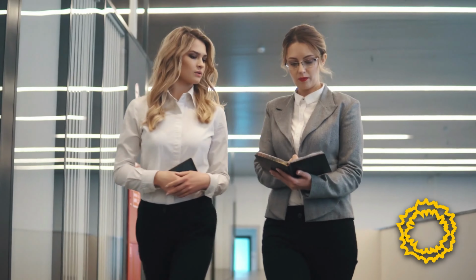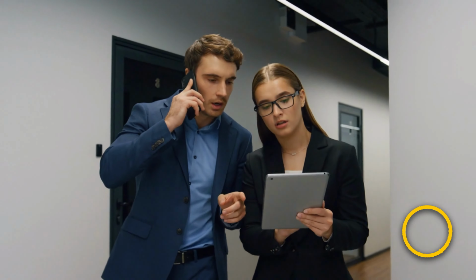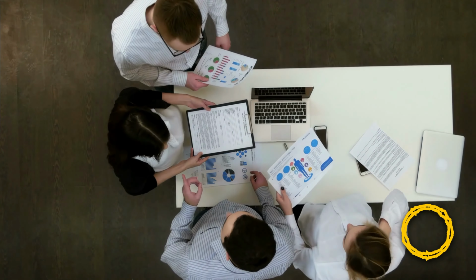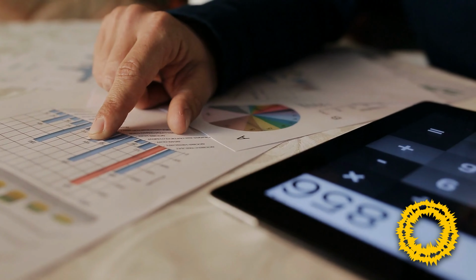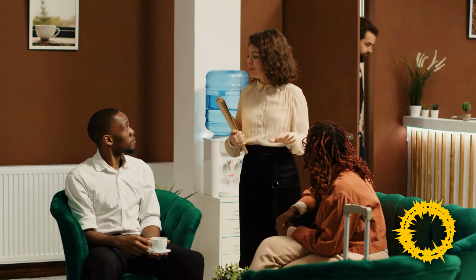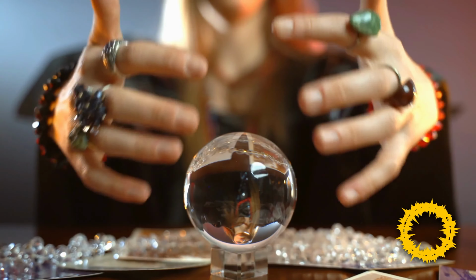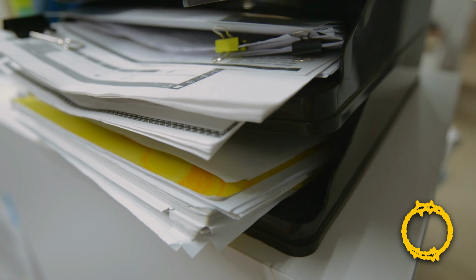All right, Sage, how would you describe AI to someone who really doesn't know what AI is or how to use it? Explaining how to use AI to someone who might not be familiar with the concept can be approached in a straightforward and relatable manner. Think of AI as your digital assistant, capable of analyzing vast amounts of data and learning from it to assist you in various tasks. Just like how you might rely on a friend's advice or expertise, AI can provide insights, make predictions, or automate repetitive tasks for you.